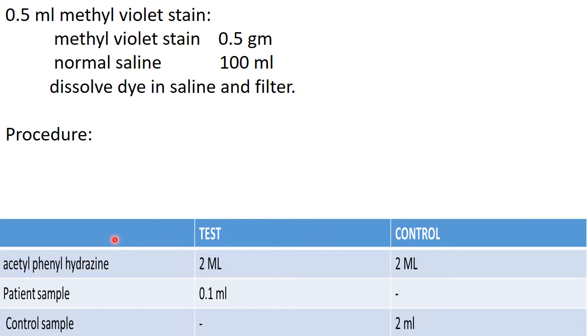Add 2 ml of acetyl phenylhydrazine into each of the test tubes. To the test tube add 0.1 ml of the patient's blood, and to the control tube add 0.1 ml of the control heparinized blood.